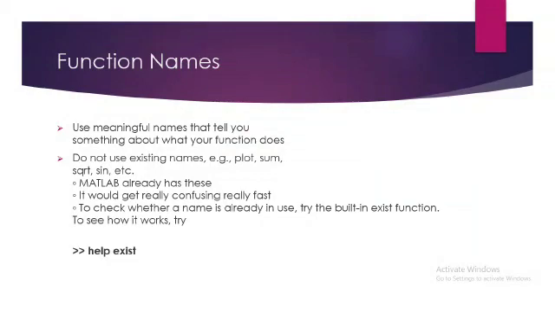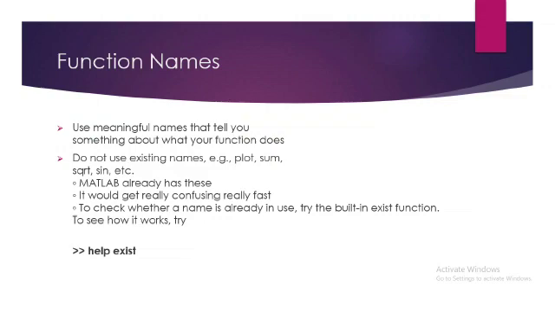I was just saying the function name should be a very meaningful name. You can give an alphanumeric name also, but if you are providing these reusable functions to anybody, or somebody is looking into these functions, they should be able to understand them, and you should not use existing names like plot, sum, square root.